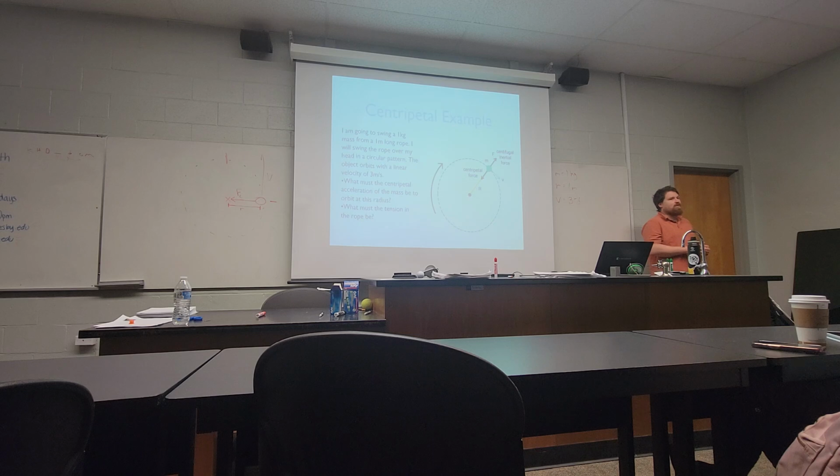That's the speed the cork wants to fly away in a straight line at, but the string isn't letting it. I would like you guys to estimate for me, what is the required centripetal acceleration of this object? How much does it need to accelerate centripetally in order to constantly be making this turn?